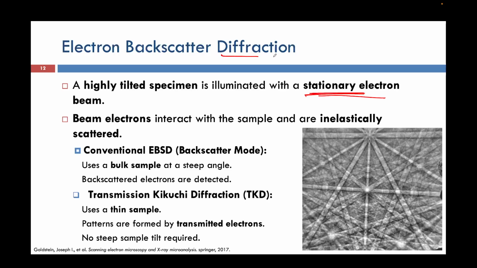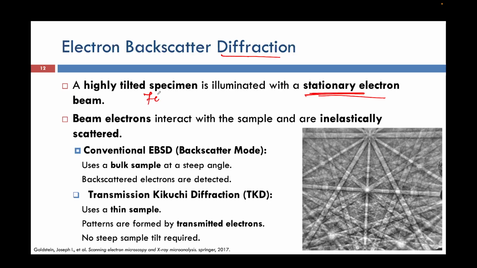So remember, it is diffraction happening, right? We are no longer only viewing the image, but also getting crystallographic information. Crystallographic information comes from the symmetry of the material, and the symmetry is decided by the position of the atoms in their lattice planes. So all this information we will be able to get from EBSD.